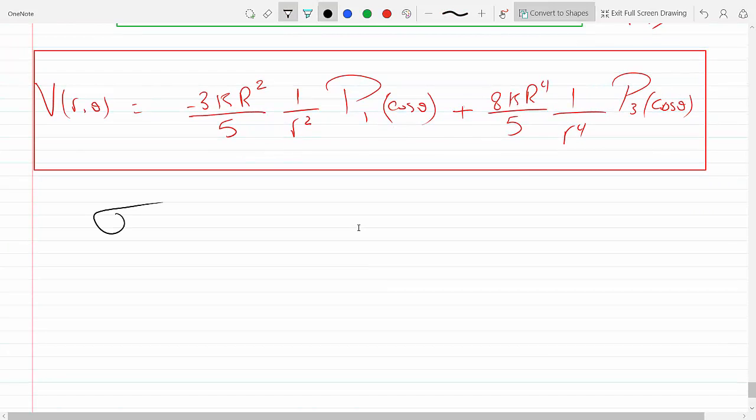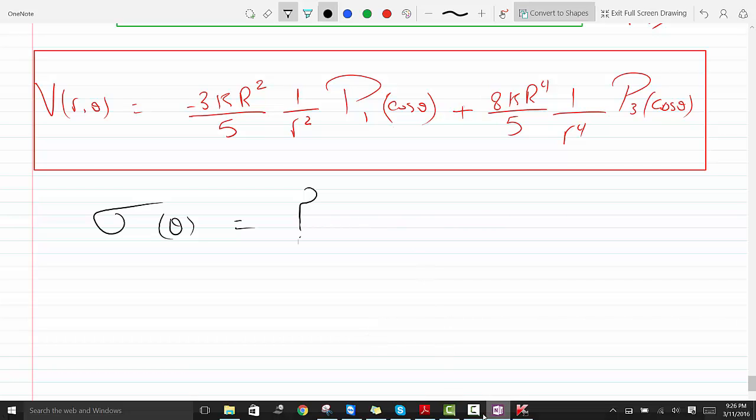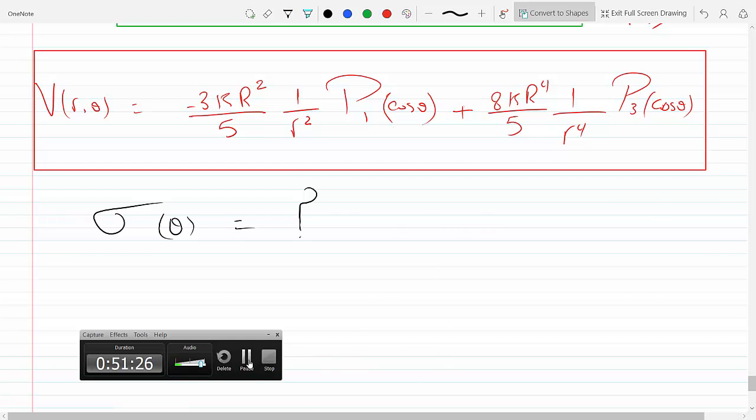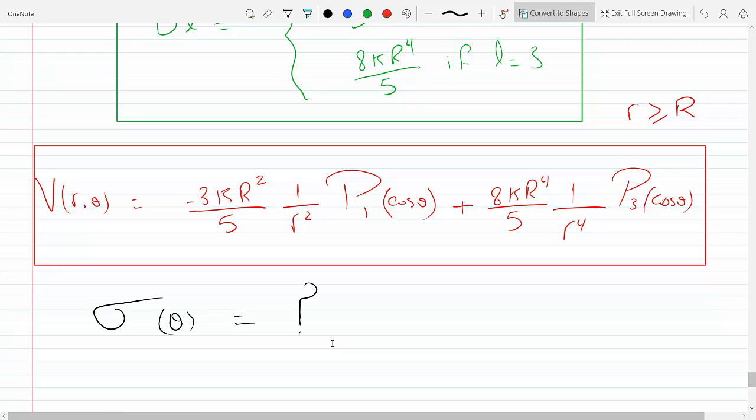It might depend on the angle. It's not going to depend on r because it's on the surface, so it's a function of theta. What is it? Think about it. The potential is continuous across the surface, correct?